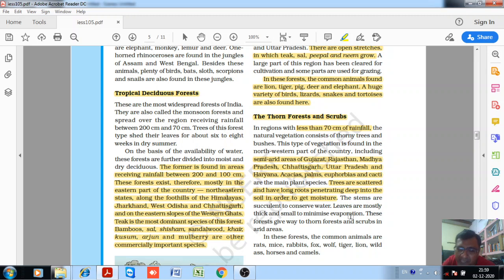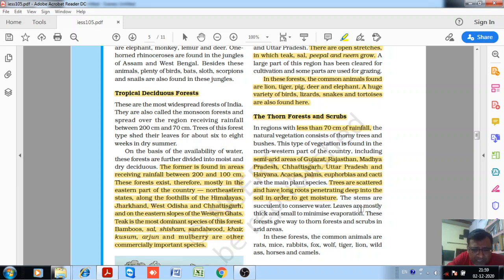So definitely if the tree wants to survive, it has to find the water, and it will be there in the depth of the soil. So that's why roots of the plants in these regions penetrate deep into the soil.